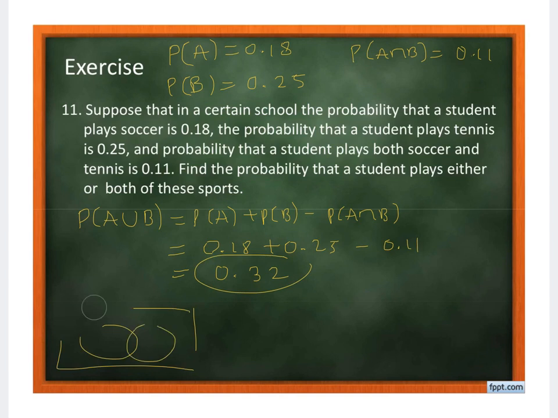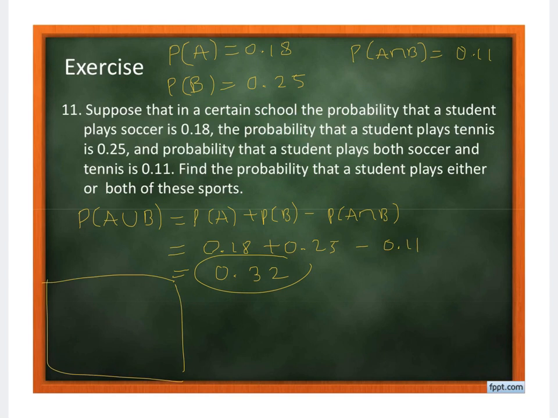Make it bigger. This Venn diagram, this one is A, this is B. A is soccer, B is tennis.